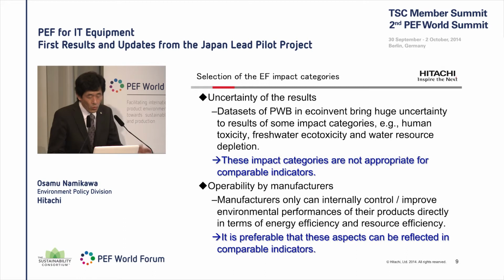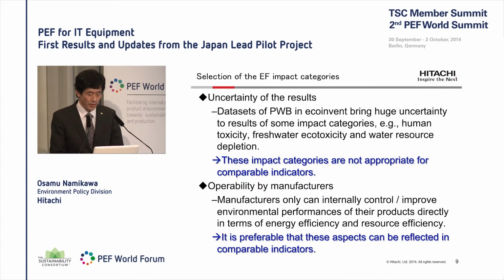So we evaluate some points. First, uncertainty of the result. The database of printed wiring board in ecoinvent brings huge uncertainty. So the results of some impact categories, human toxicity or something, contain very large uncertainty. These impact categories are not appropriate for comparison or indicators at this moment while we are studying.